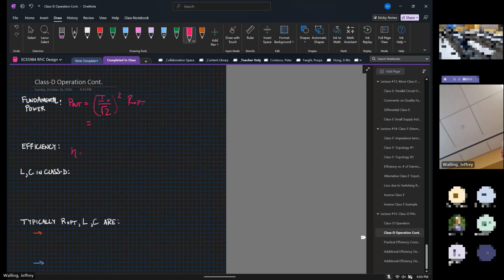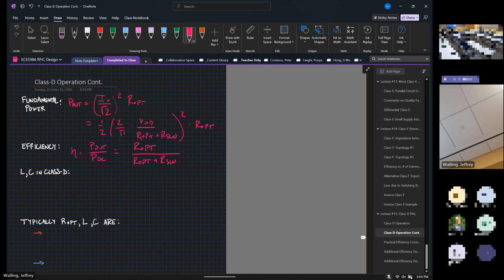Here are substitutions for I out. And ultimately, we can show that the drain efficiency of a class D amplifier, P out over PDC, is equal to R opt divided by R opt plus R switch.